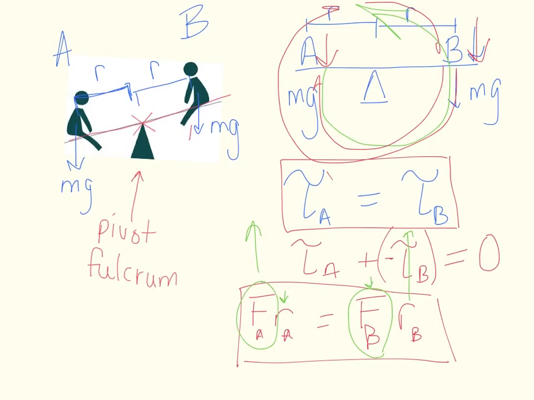So basically, if you want to balance out two people on a seesaw, the heavier person has to move closer in. They have to have a smaller distance from the axis of rotation, and they'll be able to balance. Now, there might come a point where there isn't enough distance to balance the seesaw if one person is much heavier or denser than the other, and that would create a need to make the seesaw longer.